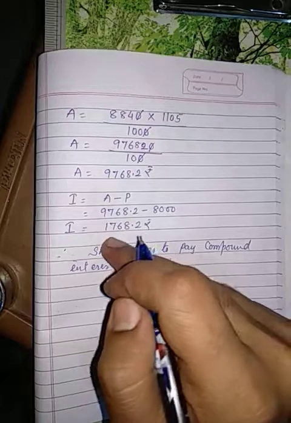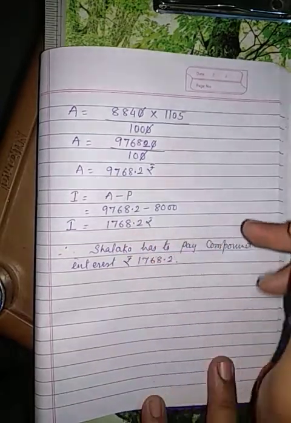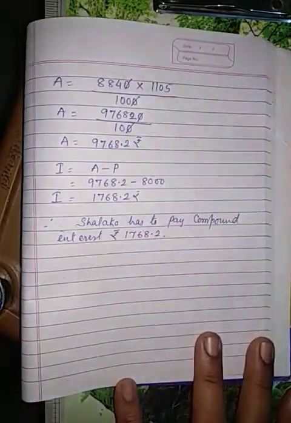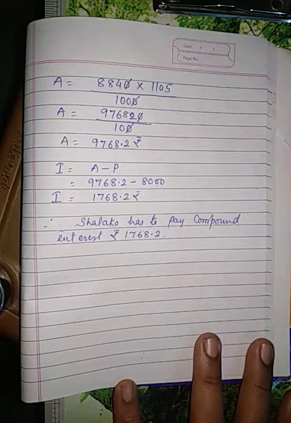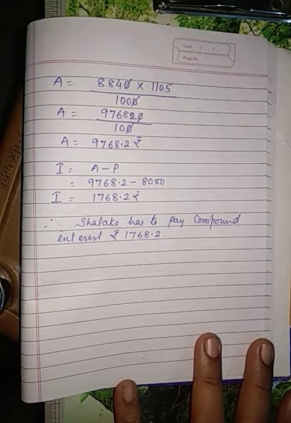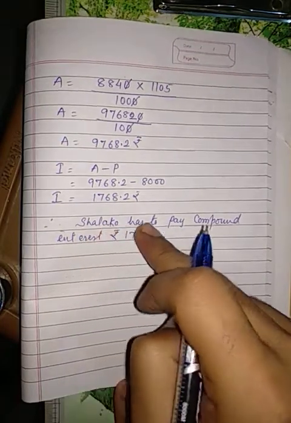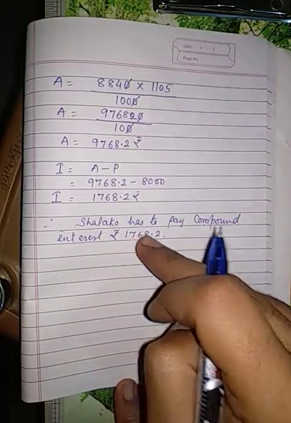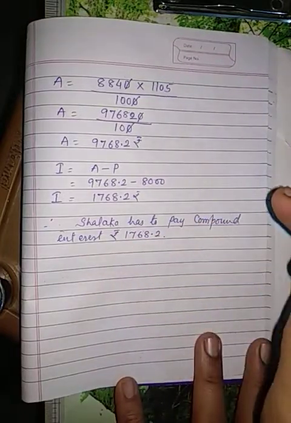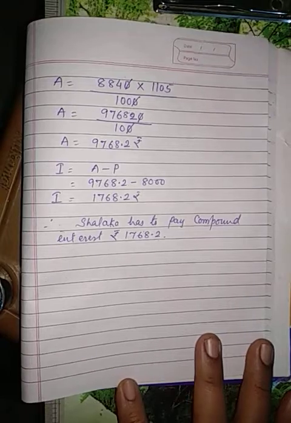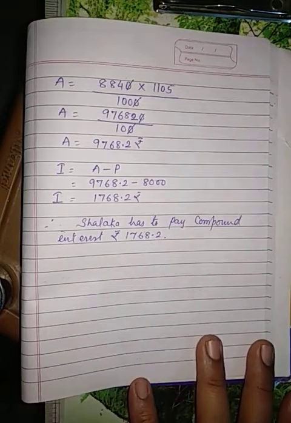So you get 1,768.2 rupees. So as per the question, it was asked how much compound interest she has to pay. So you will write Shalaka has to pay compound interest rupees 1,768.2 rupees.